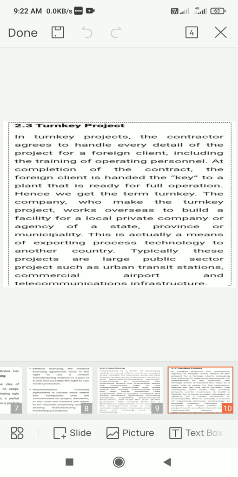Everything you will get the right to do in favor of the foreign client. The foreign client actually handed over one key to you, to fulfill his operation within the given period of time. So it's one key which is presented to you to do the work in favor of the client. By this way you can also enter another business or international market.